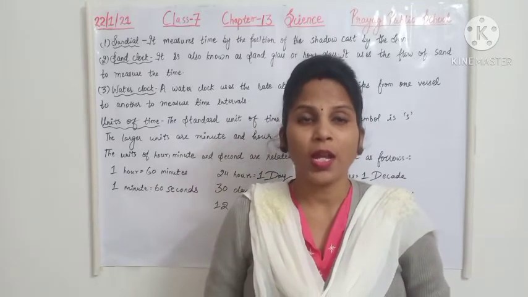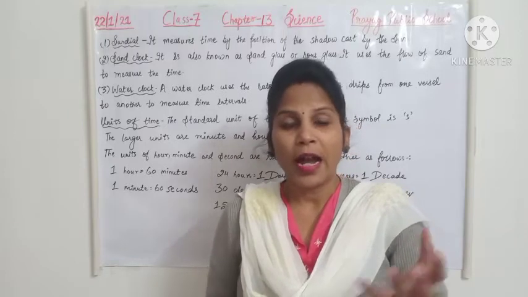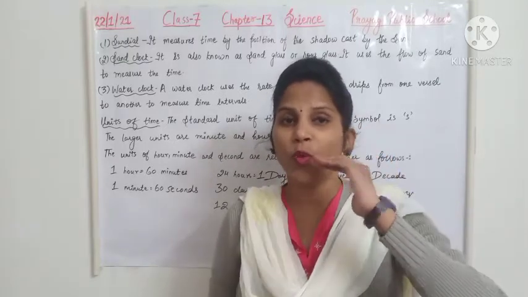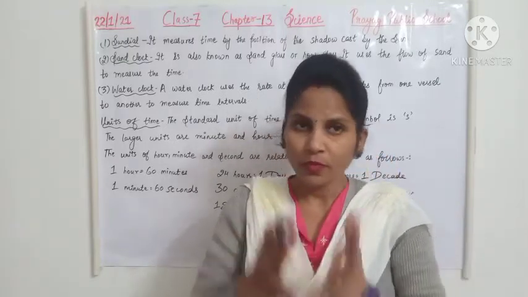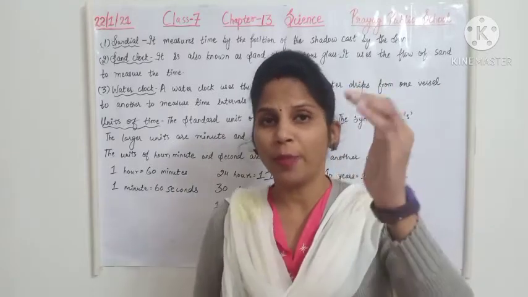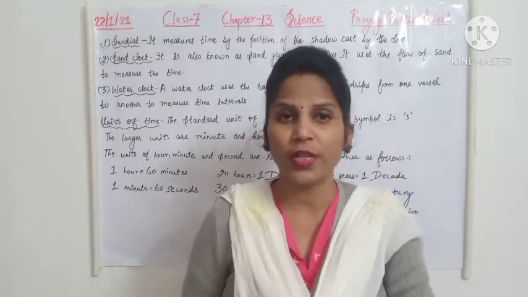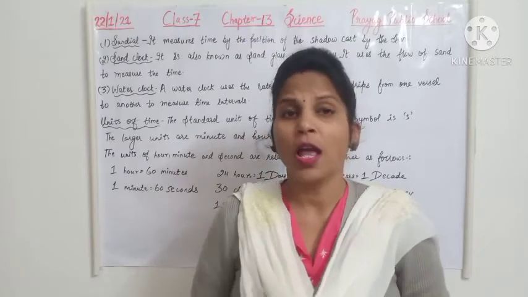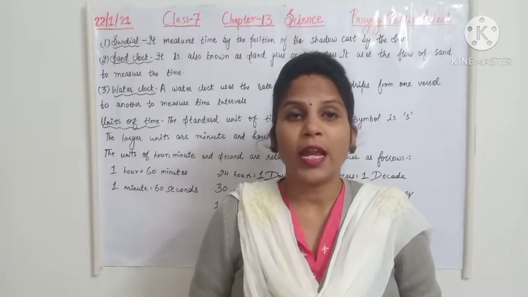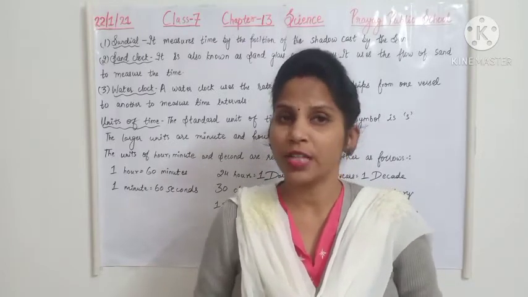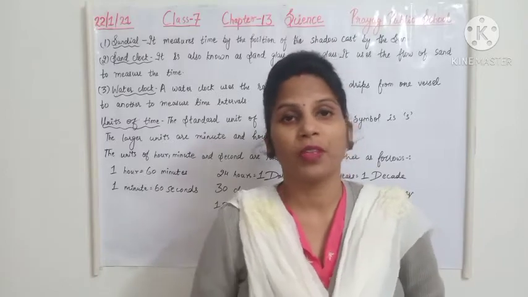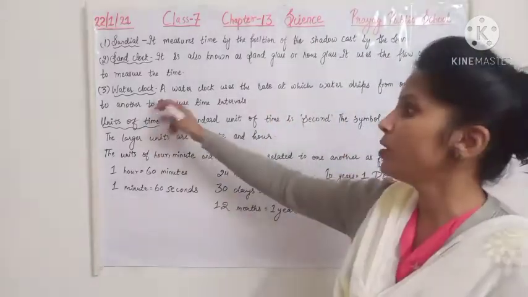So in this way time was calculated and it takes 1 hour for the sand to flow from the upper end to the lower end. So that's why it is also called an hourglass, and it is also an ancient time measuring device, right?